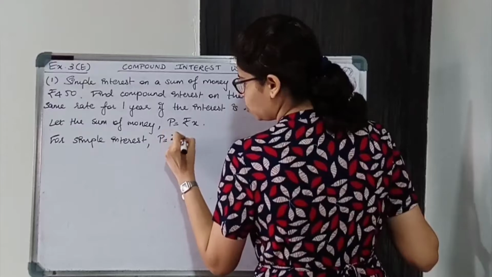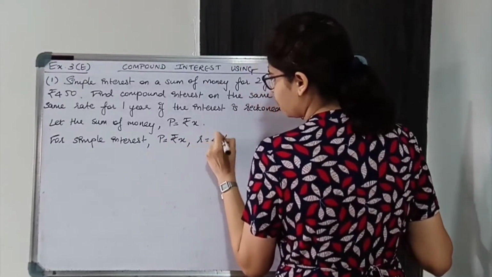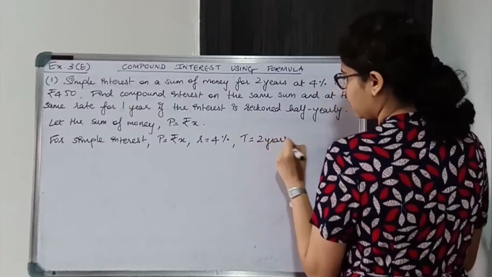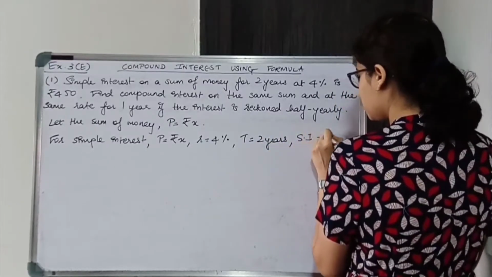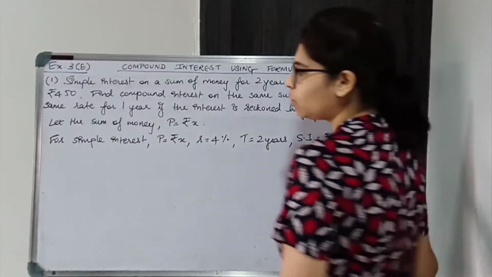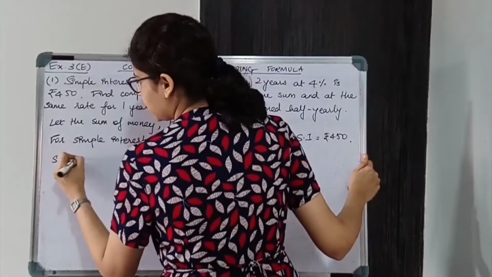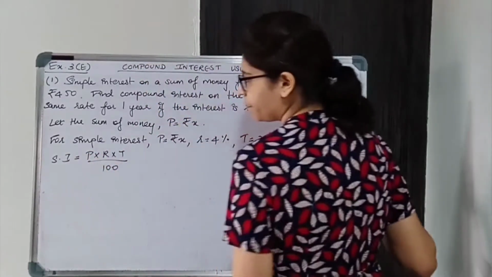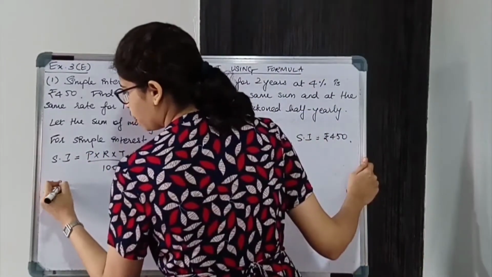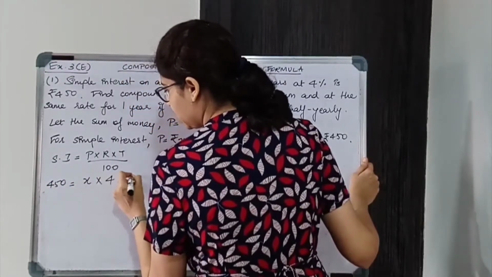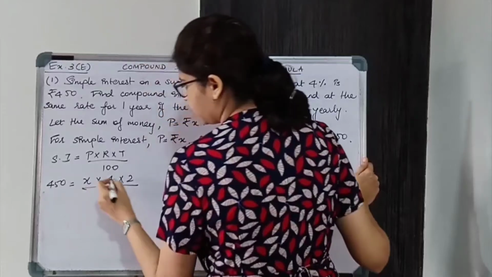Principal is x rupees, R is 4%, T is 2 years, and simple interest is 450. Now SI is equal to P into R into T upon 100. So SI is 450, P is x rupees, R is 4, T is 2 upon 100.